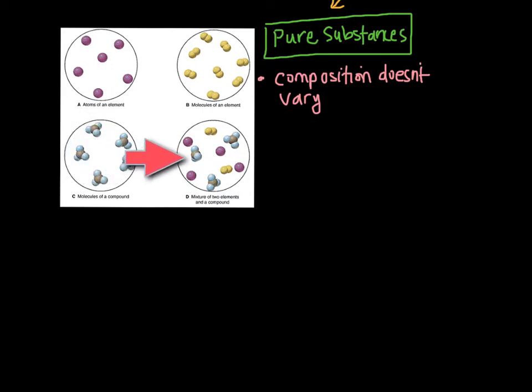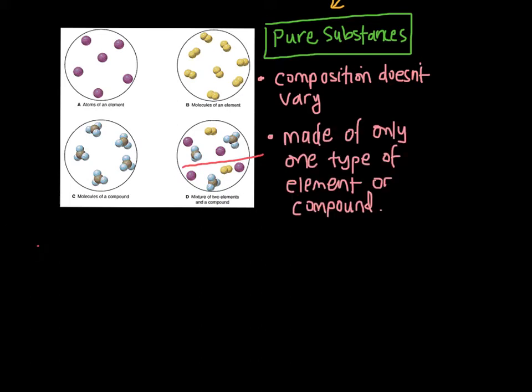As opposed to something like this. This is a mixture. And what I mean by that is that if I divide this in half, I don't have exactly equal amounts of both things on either side. So it varies in composition depending on how I split up the sample.